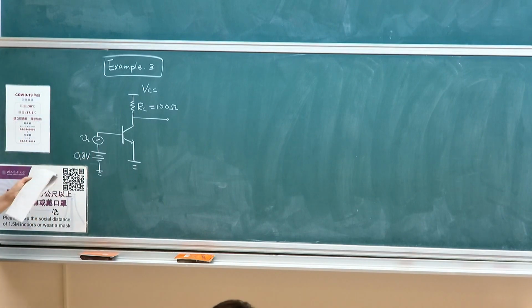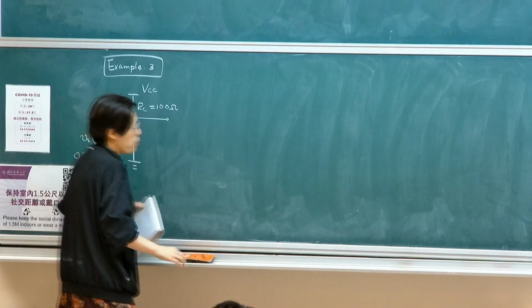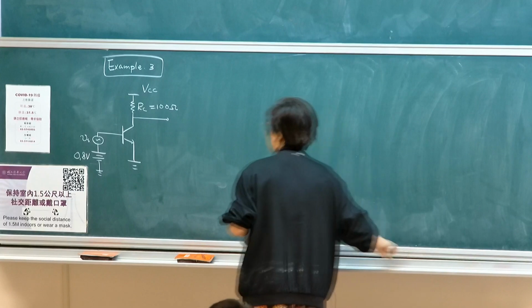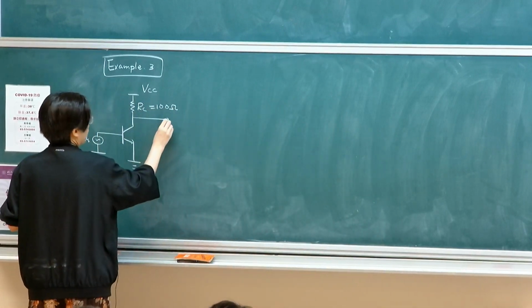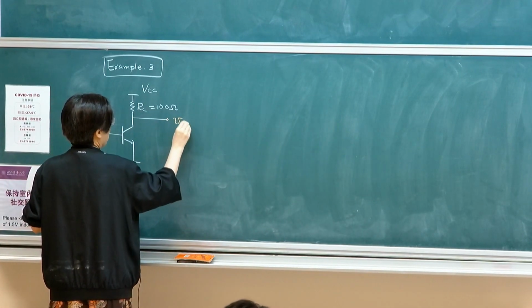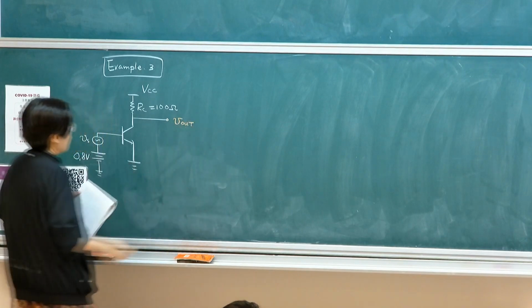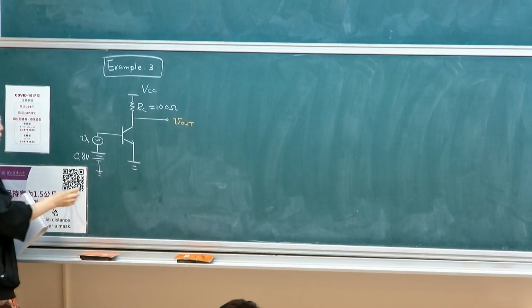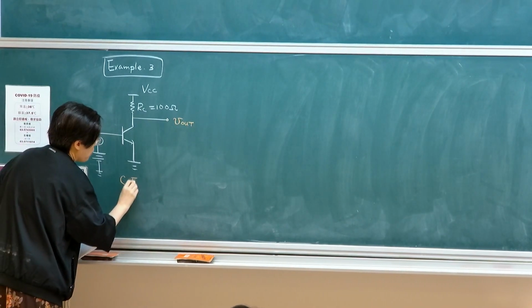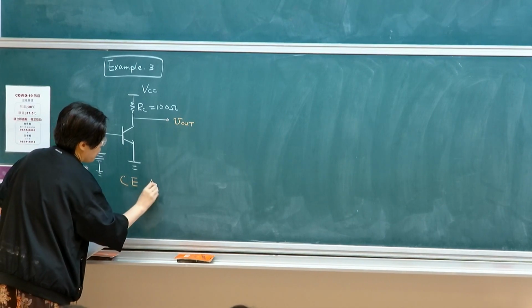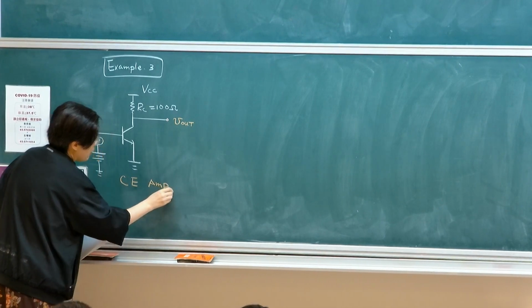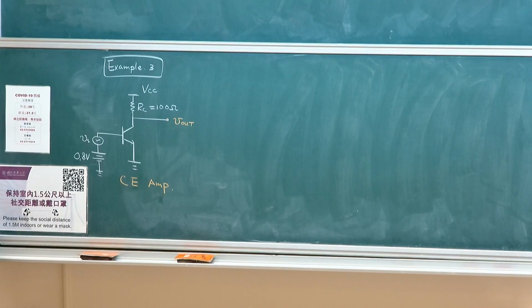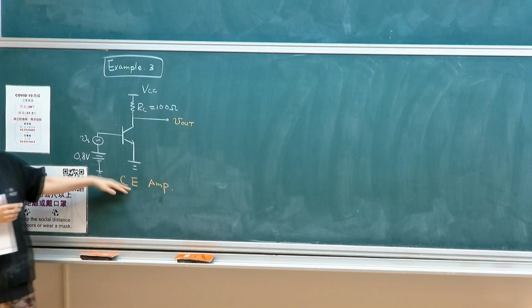So this is generally referred to as a common emitter. This is your V out. This is generally referred to as a common emitter amplifier. The reason why it's called common emitter, I'm going to explain in chapter 5, because there are different commons. You can count on emitter, base, or collector, right?